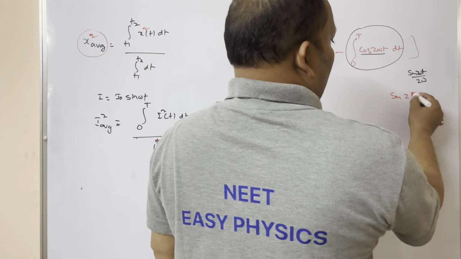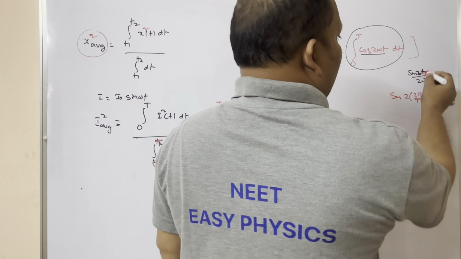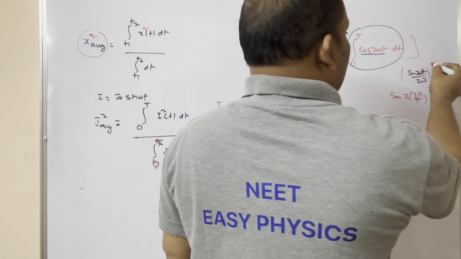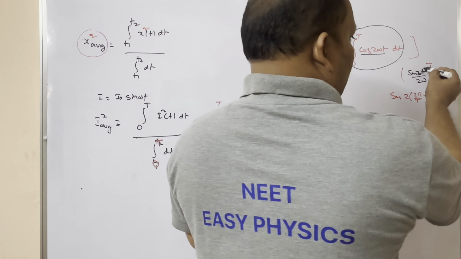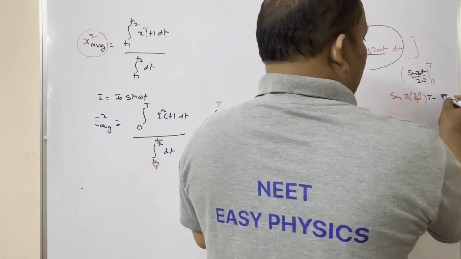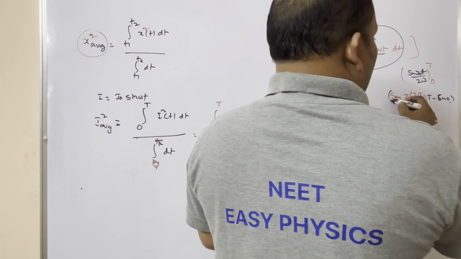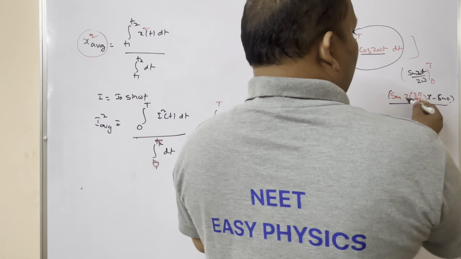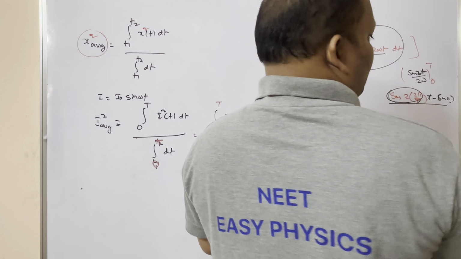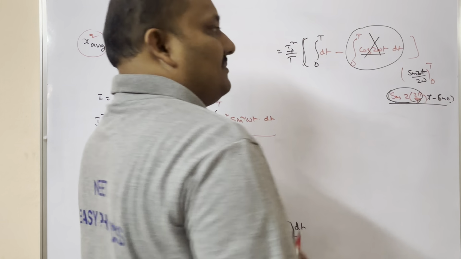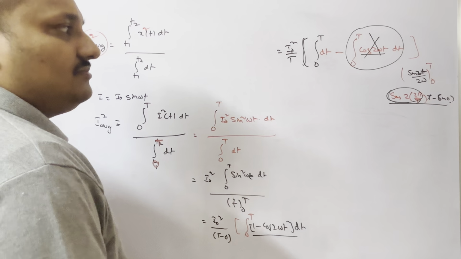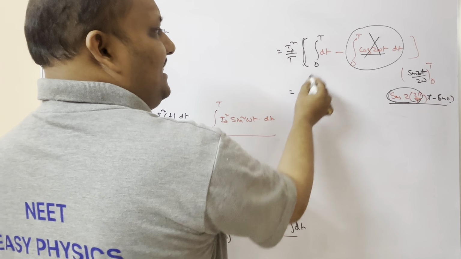Sin 2 times of 2 pi by T, capital T. First we have to substitute upper limit T, small t is nothing but capital T, minus sin 0. So T will be cancelled, sin 4 pi, sin n pi is 0. Therefore, this term is going to become 0. So only this term is going to remain.